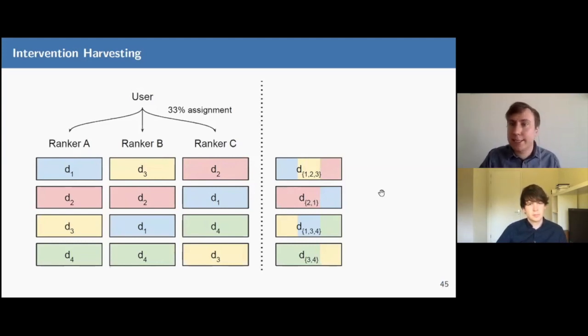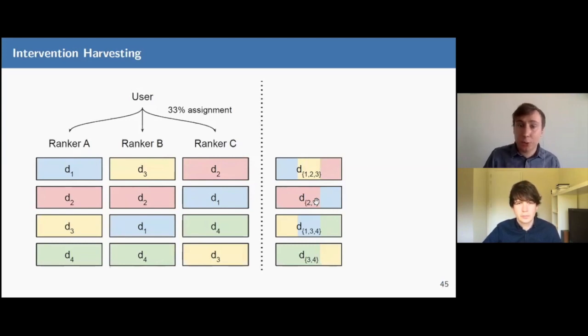So this data is slightly different than uniformly randomizing your top n results, in the sense that some ranks have certain documents that appear much more frequently than other ranks. But you can account for this because you can measure how often you put certain documents in certain ranks. So you know, for example, that on this rank 2, document 2 was shown 66% of the time.